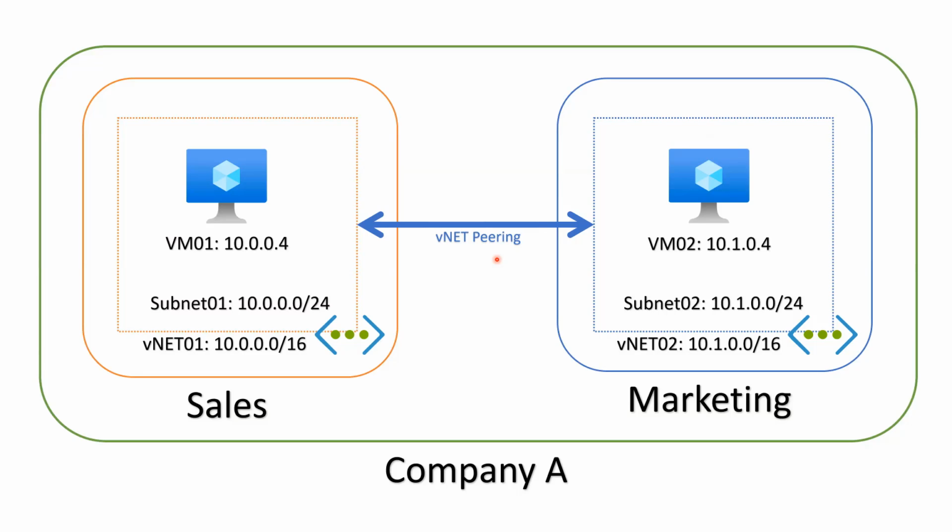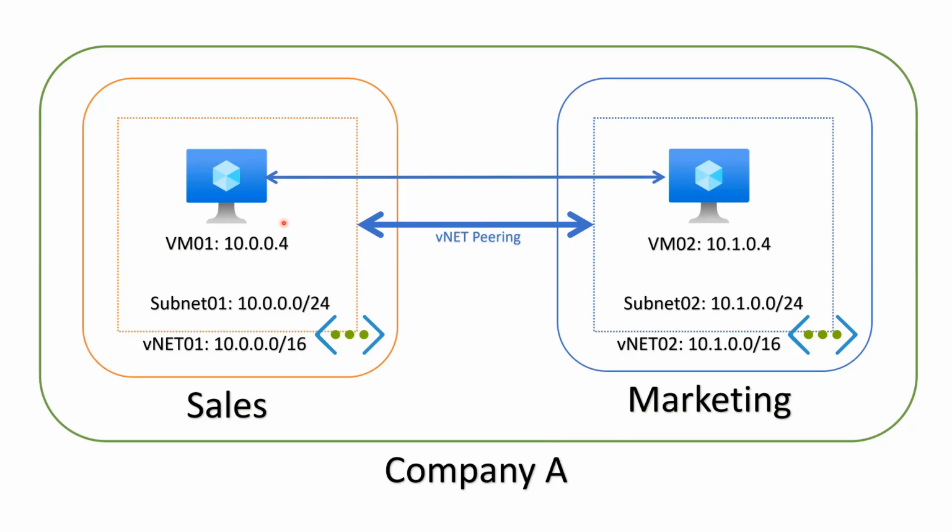Once the IT admin configures virtual network peering between vNet 01 and vNet 02, sales users sitting on VM01 can access the web server which is deployed on VM02. Similarly, any user sitting on VM02 can access the web server deployed on VM01 by using the private IP address.